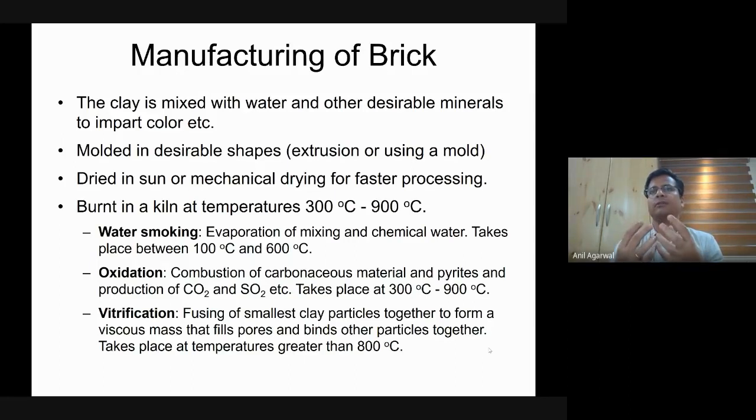If they were to melt, the brick would lose its shape. But right where they are touching each other, they tend to fuse together. Slightly they melt and fuse, and that's how they create an amorphous matrix of silica. All the other things which are not fused together get trapped in this matrix, and as a result, you get a high strength brick.